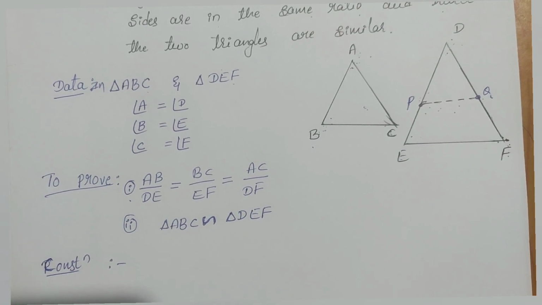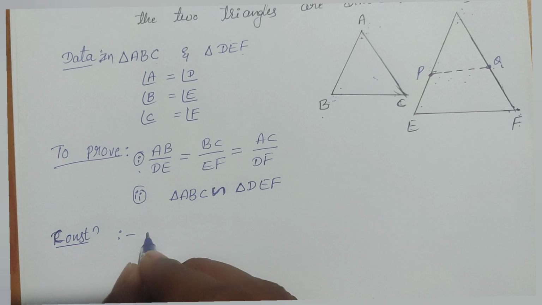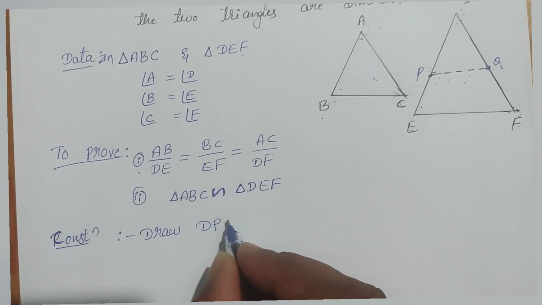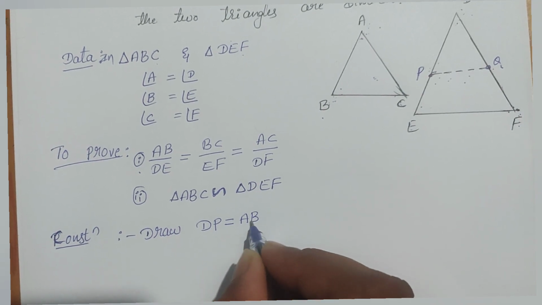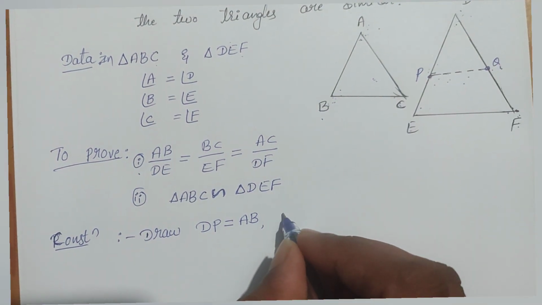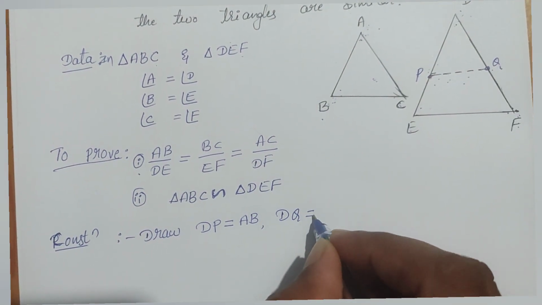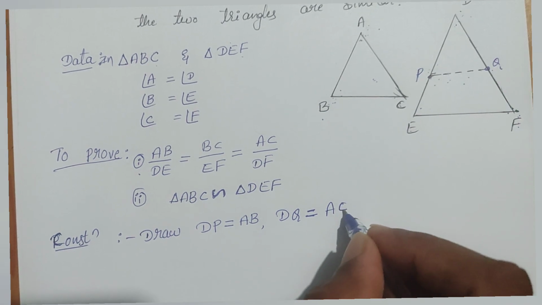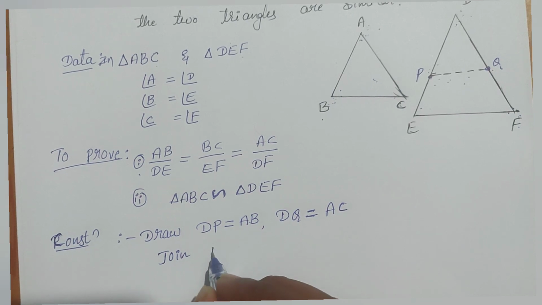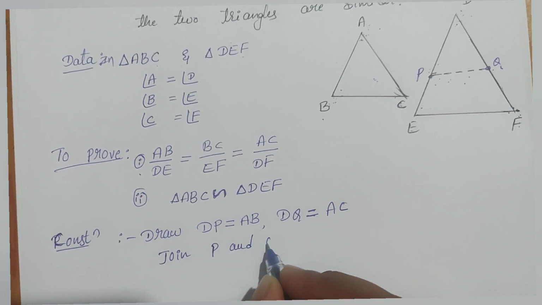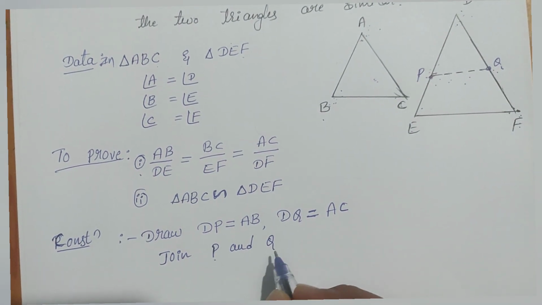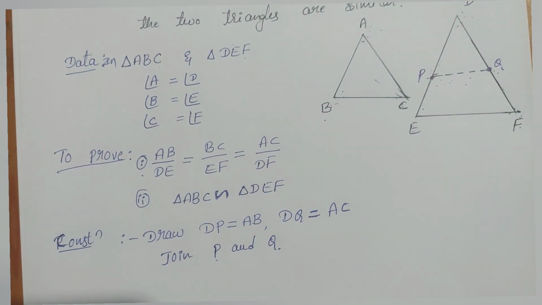That is, draw DP equal to AB, which means the length of DP is the same as that of AB, and DQ is the same as the length of AC. And again we have joined, that is, join P and Q. You joined P to Q here. You have to write that P and Q are joined. So this is the construction.